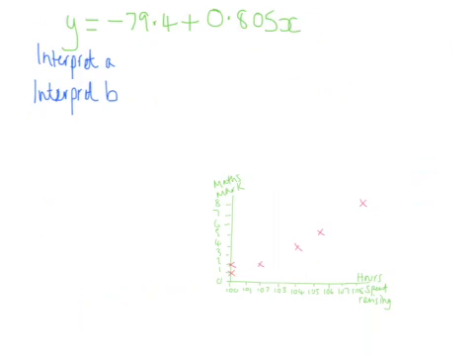Okay, interpreting the A and the B is really important. If we have a little look at this, you can see that the line is in the form mx plus c, except they've obviously just written it round the other way.